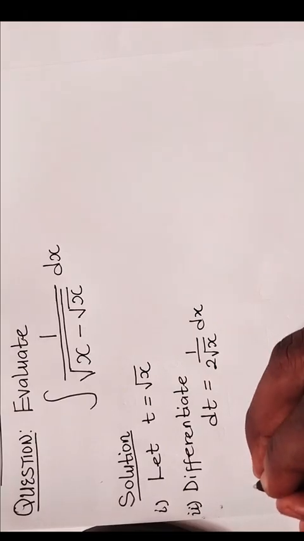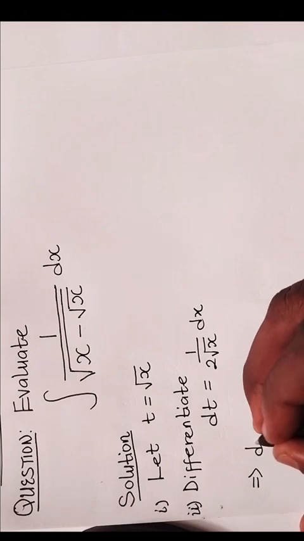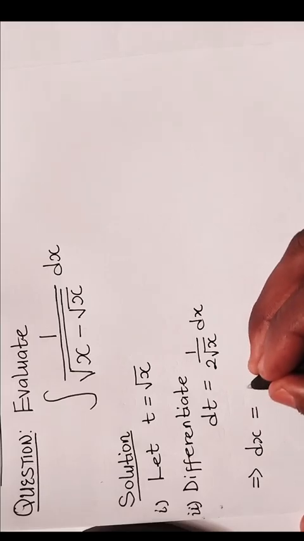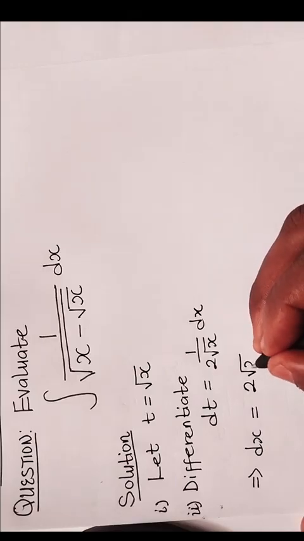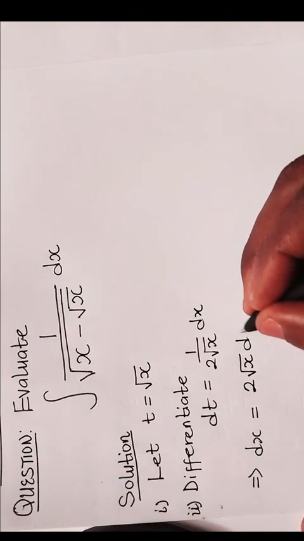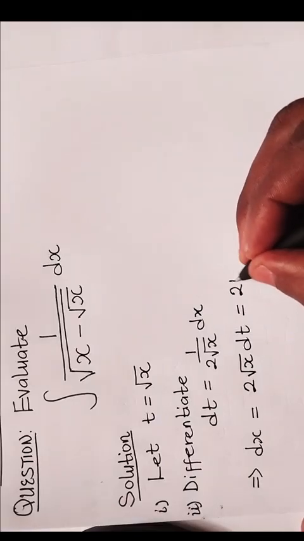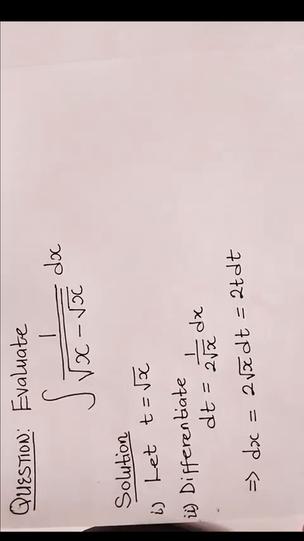It then implies that if we make dx the subject, we'll have dx equal to 2 square root of x dt, which is equal to 2t dt.